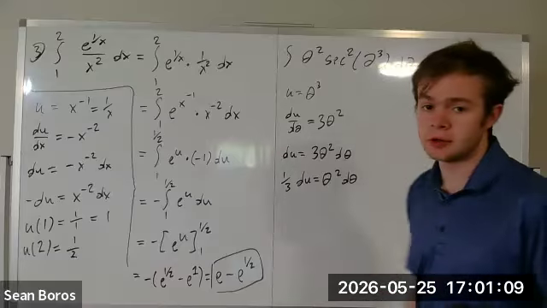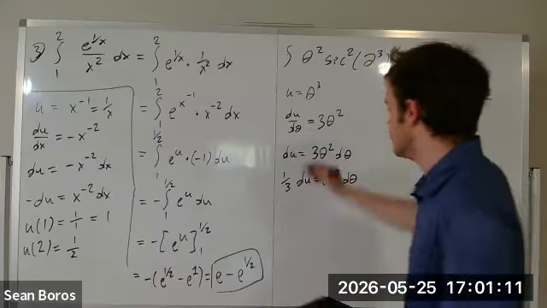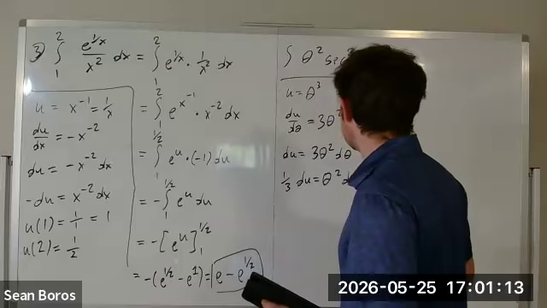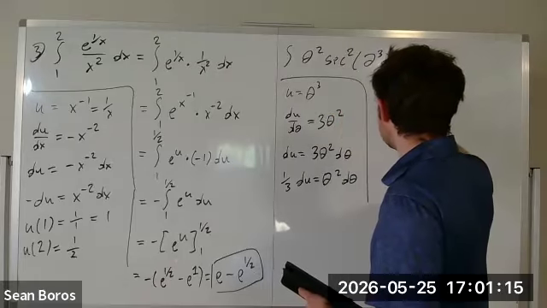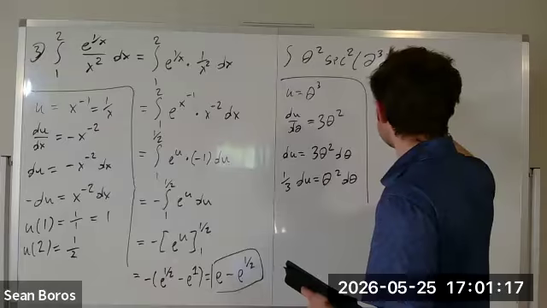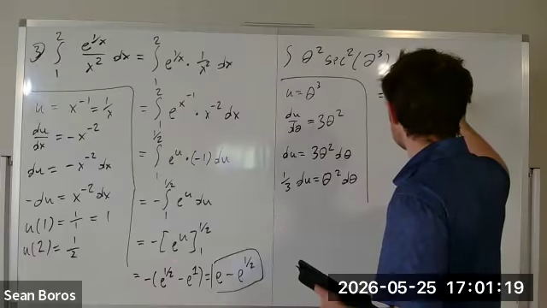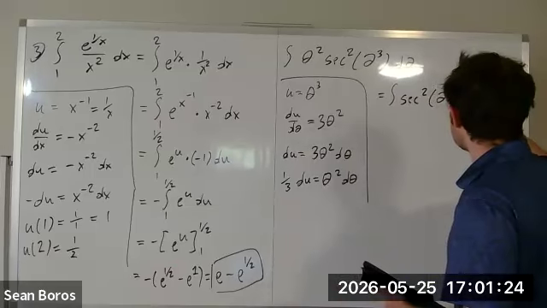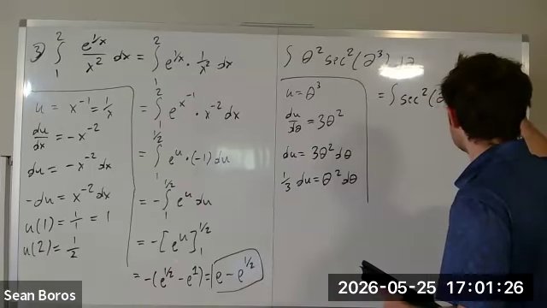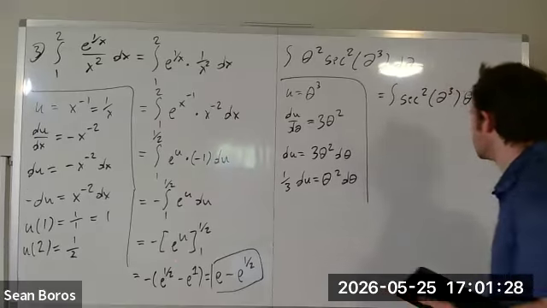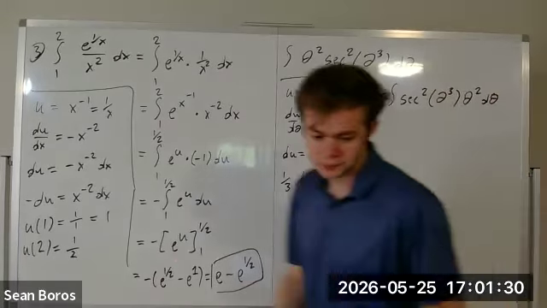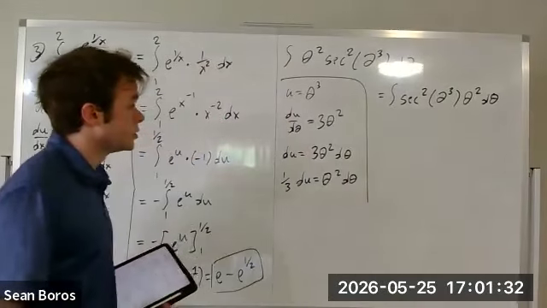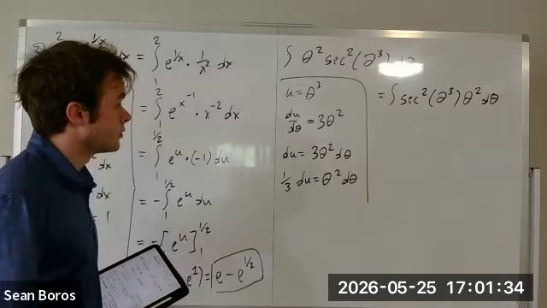And now we can actually rewrite our original integral in terms of u. So if we want to do that, we can say that it's equal to the integral secant squared of theta cubed, theta squared, d theta. Okay. So we've rewritten our original integral as this.